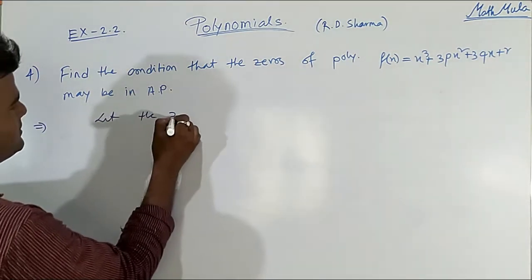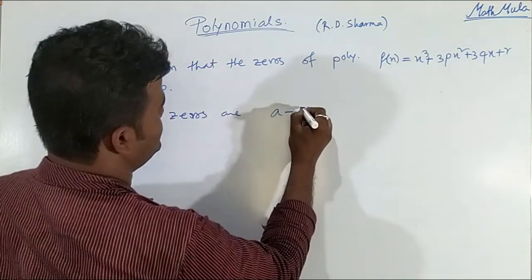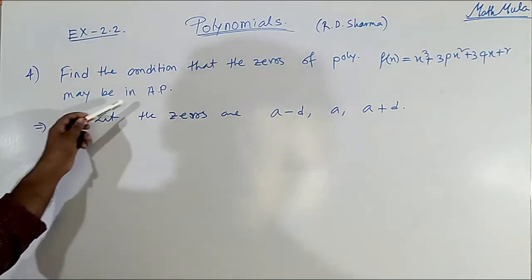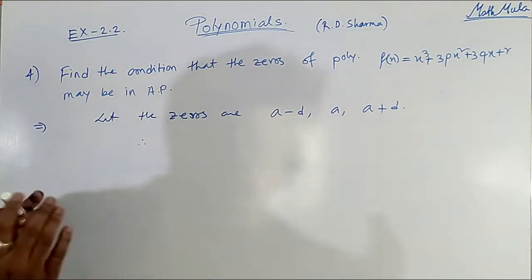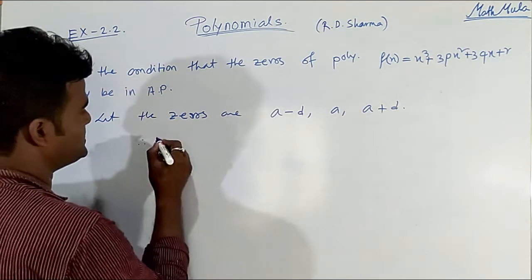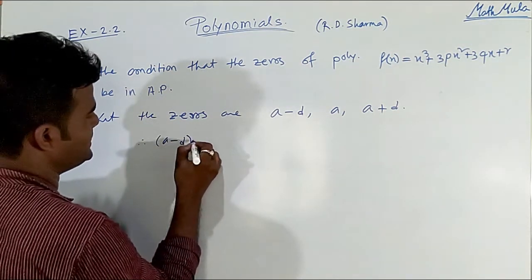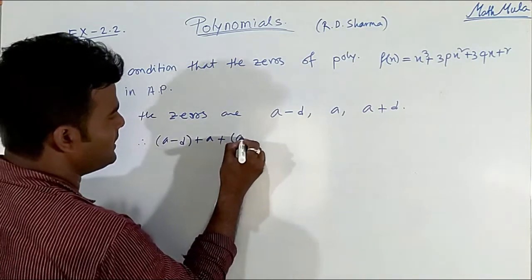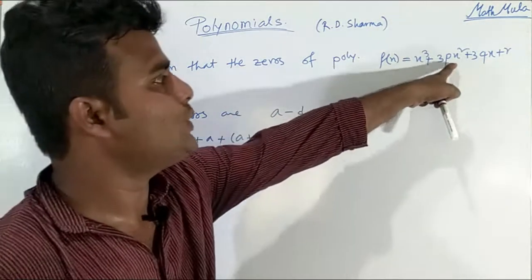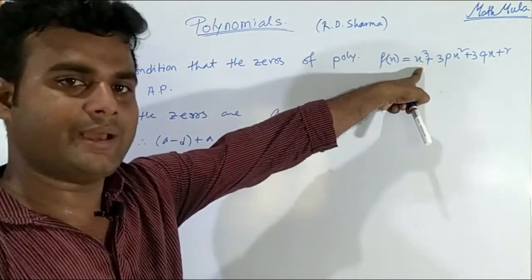Let the zeros be a minus d, a and a plus d, because they lie in AP. Okay, from the relationship of zeros and the coefficients of a cubic polynomial, we get the sum of the zeros, that is a minus d plus a plus a plus d, equal to minus the coefficient of x square by the coefficient of x cube.